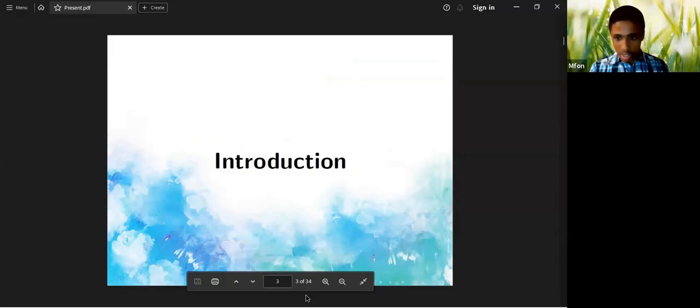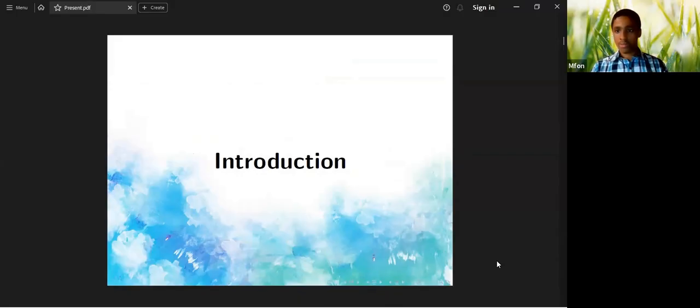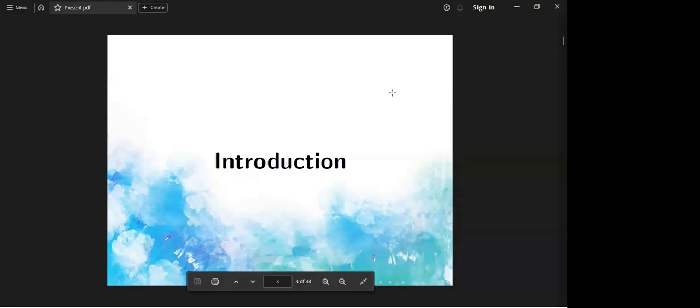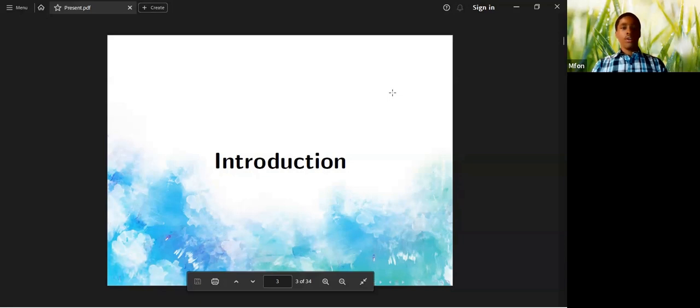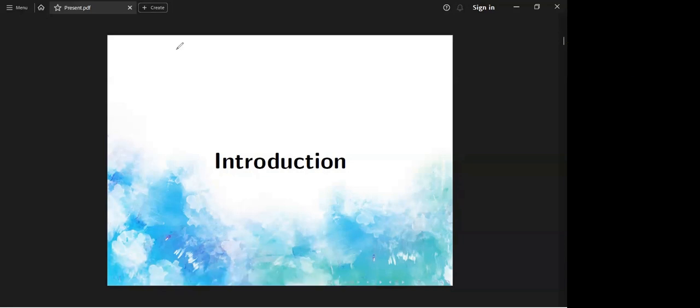I don't know why. Let me see if I can open the whiteboard. If you can't open the whiteboard, you can as well use this instruction screen. I can use the instruction slide. Yeah, you can click on the pen and write on it.